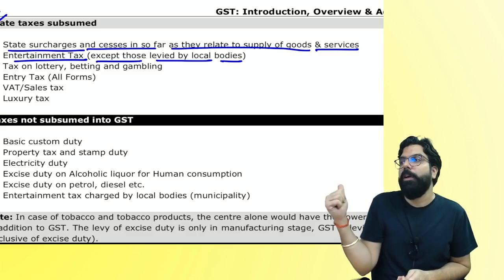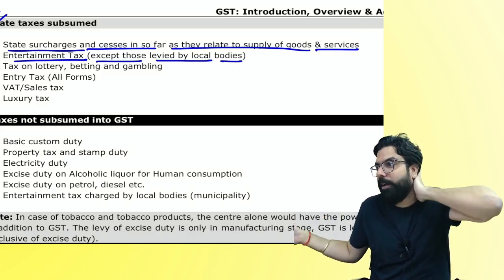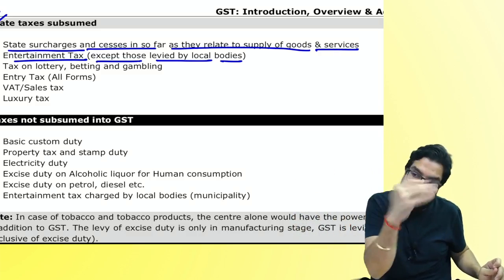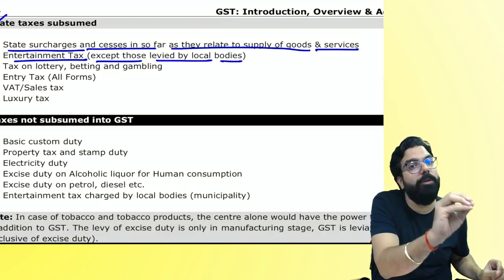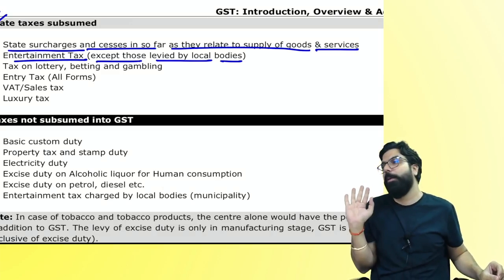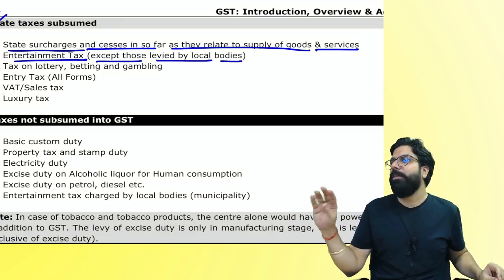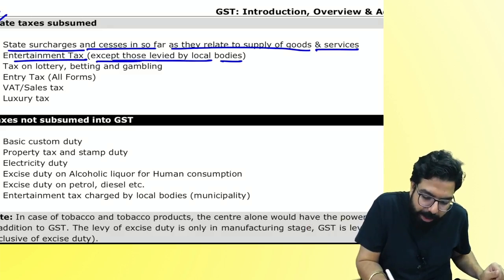For example, if you go to a small village, the panchayat on every movie, though GST is there, that small panchayat will also charge 2 rupees, 5 rupees as local panchayat entertainment tax. That is still continuing, on movies, theaters, etc. Local entertainment tax is there.